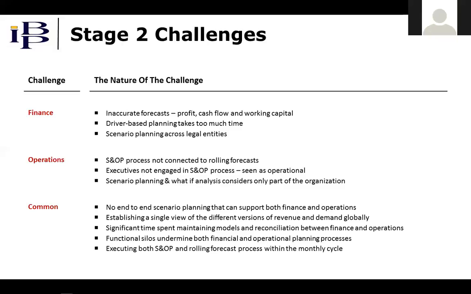From an operational perspective, these are some of the classic things that organizations try to establish more integrated processes, and they really have some difficulty with it. And then some of the common things that people experience is that there's no end-to-end scenario planning, establishing a single view of the different versions of revenue demand planned globally. This could be a really big problem.